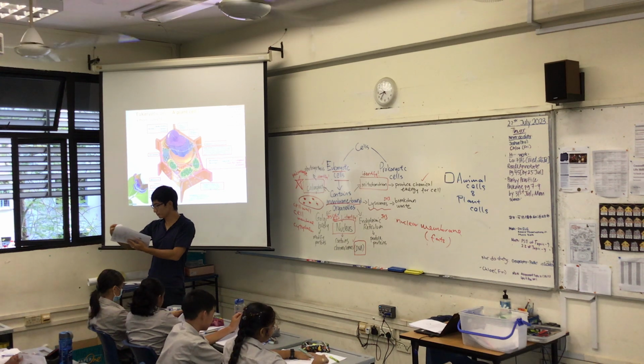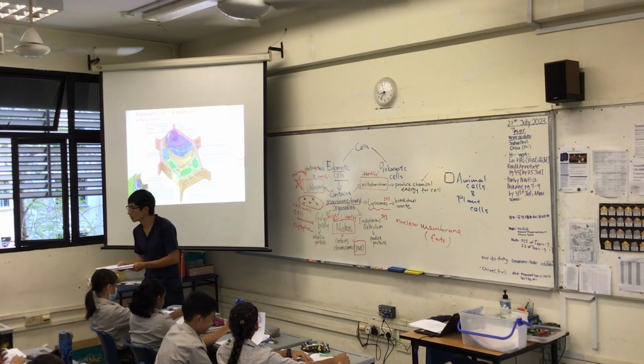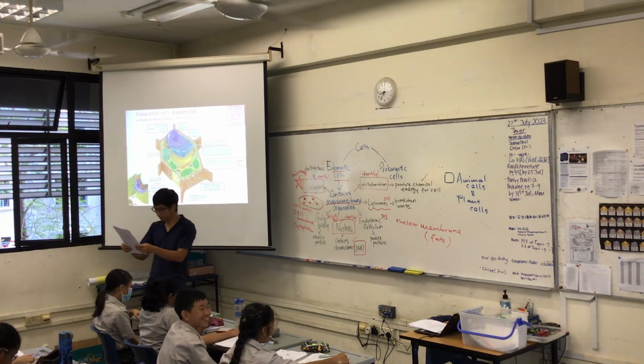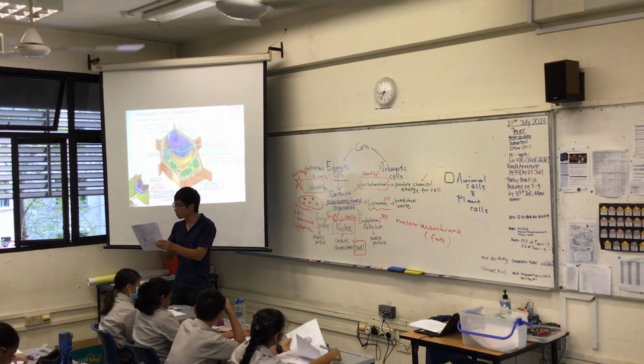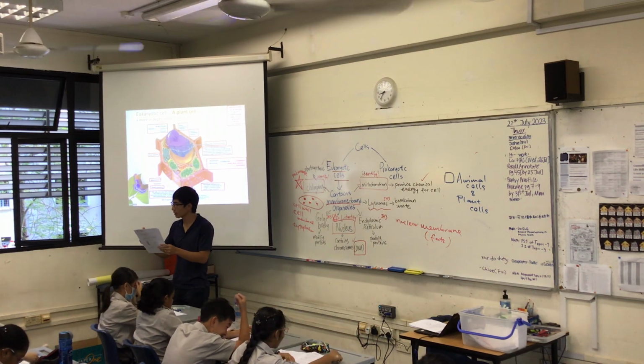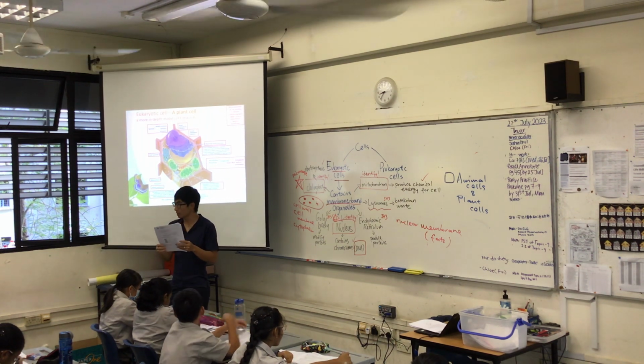9B, yeah? Oh, the site where light energy is converted to chemical energy, is it? You okay? Okay, you're asking about the site where light energy is converted to chemical energy, right?